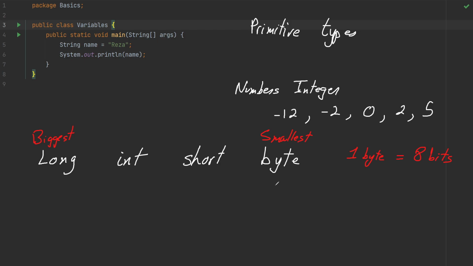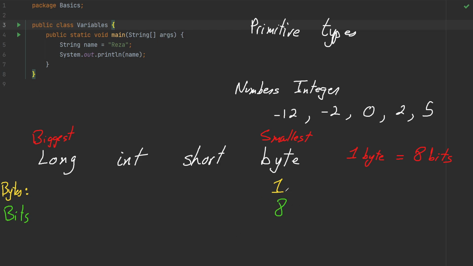Let's write here bytes. This one is 1. And the amount of bits it equals to is 8, right? 1 byte equals 8 bits.